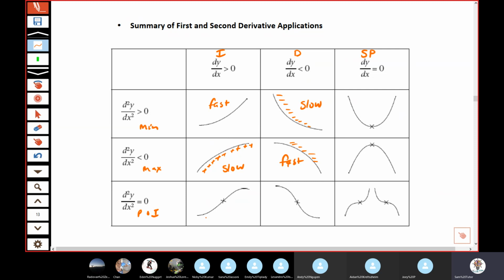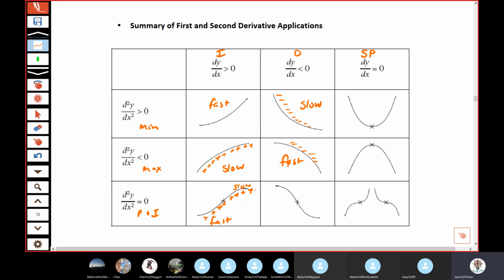Yep. This one, only increasing. But it's increasing what? And then what? Increasing fast. Fast. Look.